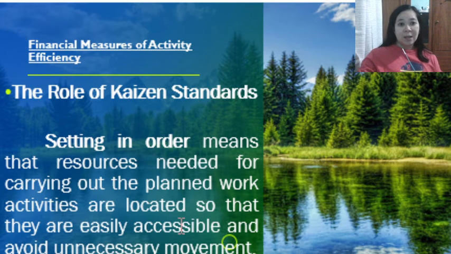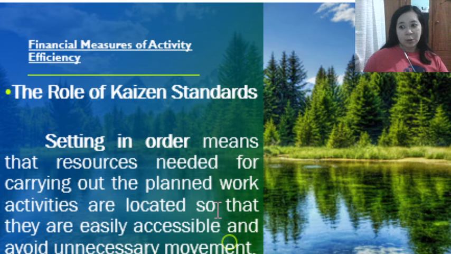The next S is setting in order, which means that the resources needed for carrying out the planned work activities are located so that they are easily accessible and avoid unnecessary movement. All those activities or resources which are necessary and mostly used should be placed somewhere which can be easily located and accessed.